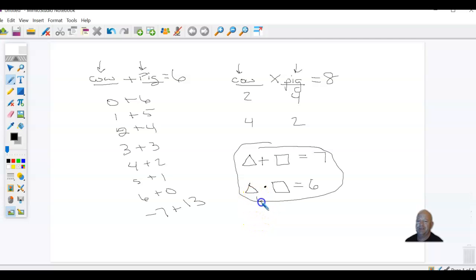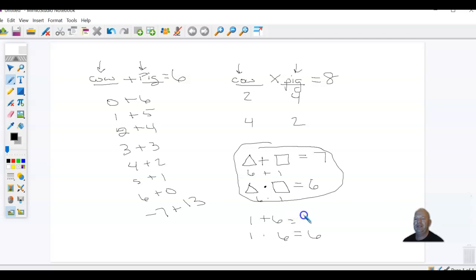So because 6 times 1 would be 6, 6 plus 1 equals 7. And notice that I put the 6 with the triangle and the 1 with the square. They could also be reversed. We could say that the triangle is 1, and then you would have 1 times 6, 6 and 7.